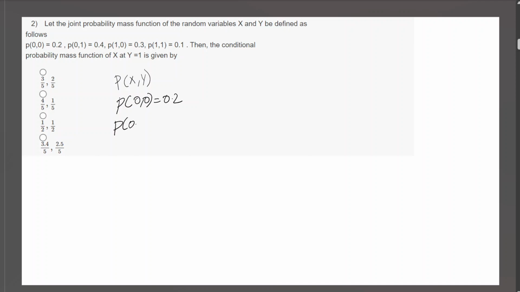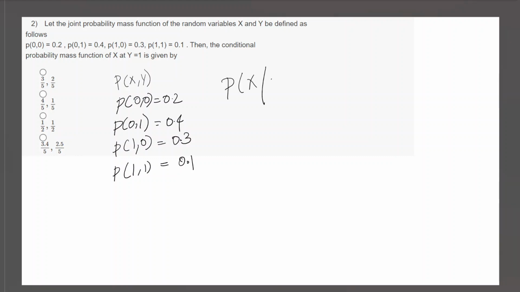So this is the given data. We are asking for the conditional probability mass function of x given y, as a function of the value of x. This is what the question is.